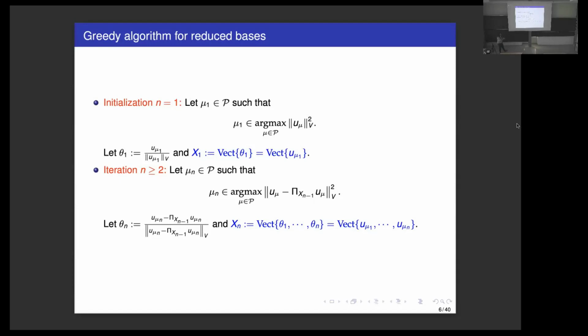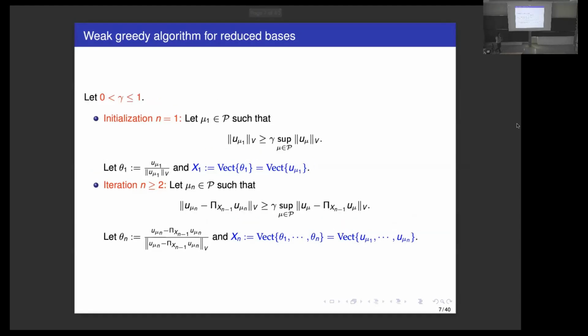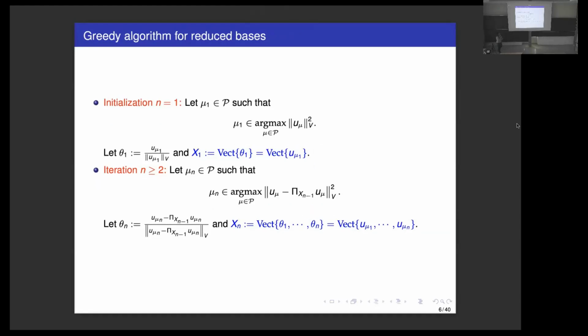Okay, so in other words, you select at iteration n the parameter value which maximizes the error given by the previous subspace that you constructed up to now. Okay, and then you define the next subspace, which will be of dimension n. Xn will be the vectorial space spanned by all the selected functions given by this greedy algorithm, and then it will read as the span of u mu1 up to u mu n. Okay, so these are ideal greedy algorithms.